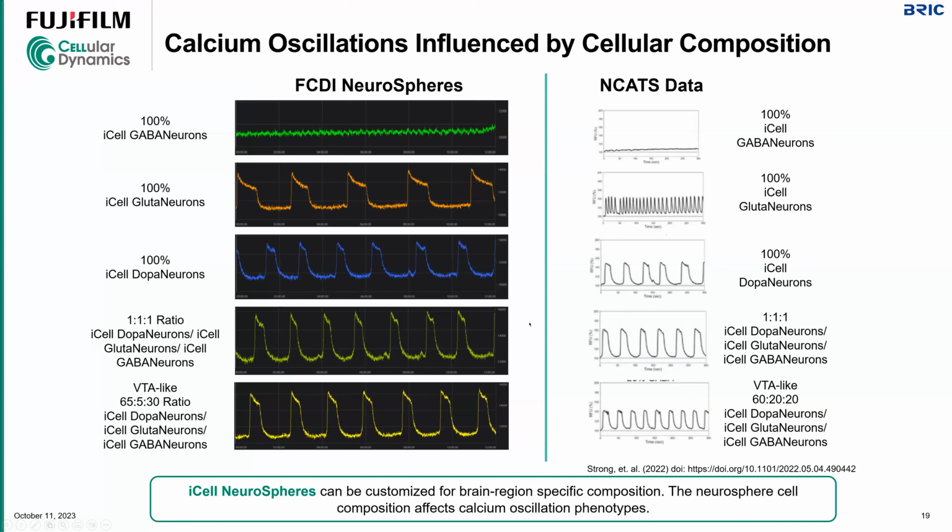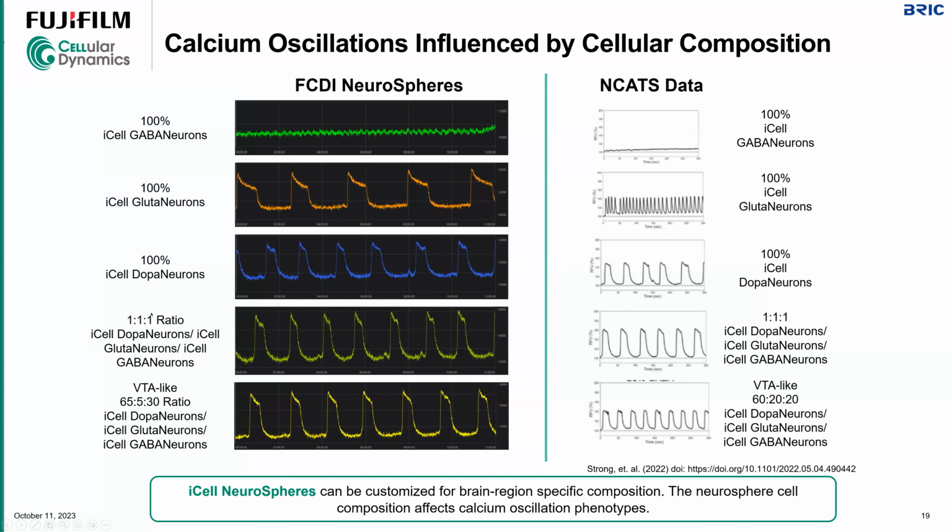By using calcium oscillation platforms for functional readout, you can modulate the calcium oscillation patterns, and those patterns are very reproducible depending on the cell types and the number of cell types that you mix together. So you can, for example, mix cells in the ratio shown here to have VTA-like brain regions to focus on Parkinson's disease modeling.